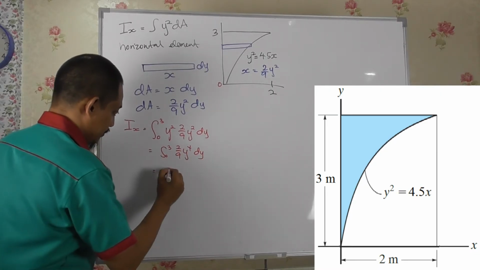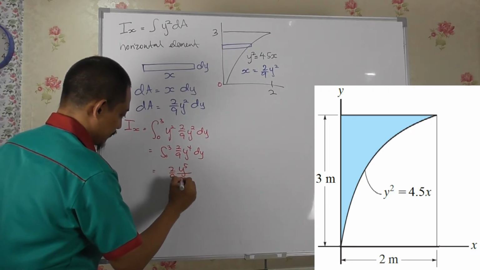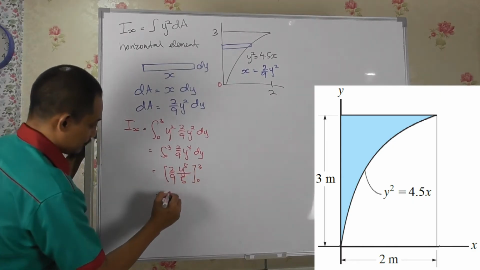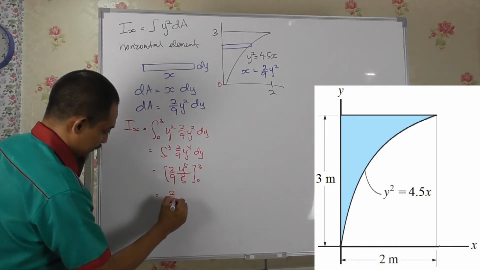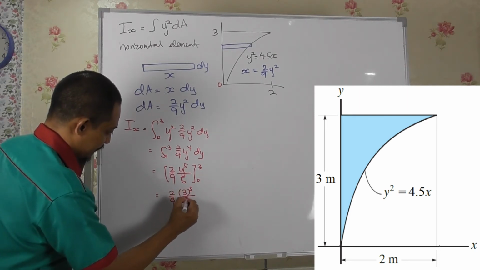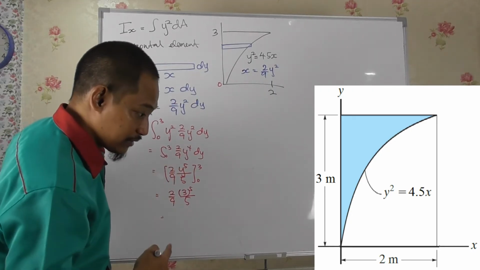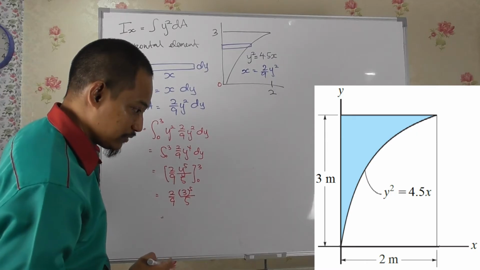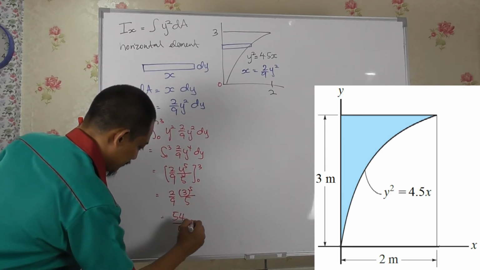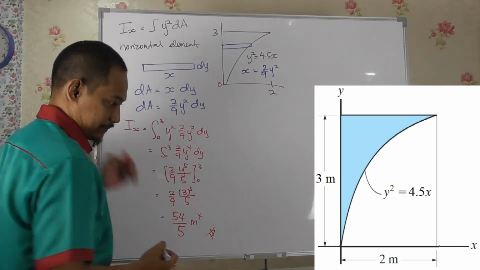So you'll have 2/9, integrate y to the power 5 over 5, with limit from 0 to 3. So 2/9 times 3 to the power 5 divided by 5. If you calculate this, you get 54/5 meter to the power 4. That would be your answer.